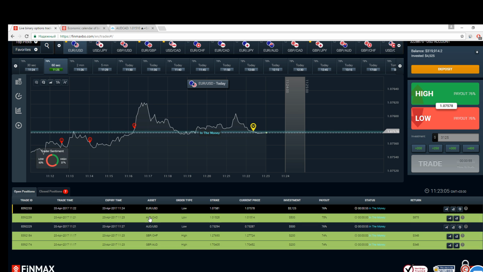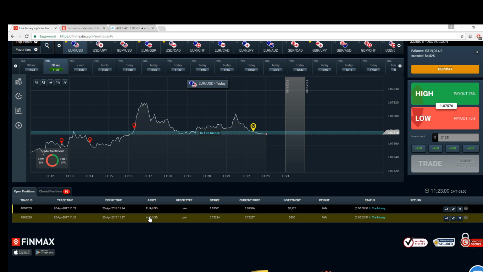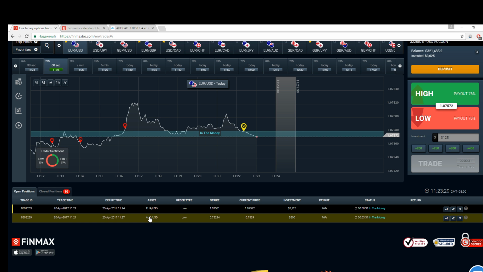Australian to Canadian, we can cross out British pound to Swiss franc and British pound to Australian. Okay, we currently have 2 active, Australian to American and Euro to American. Oh, that's the 4th stop and the 2nd stop.